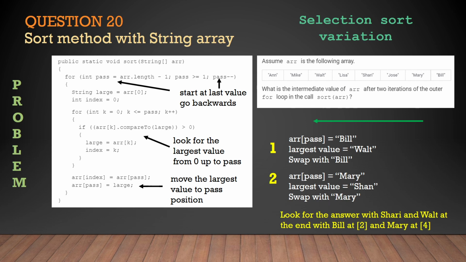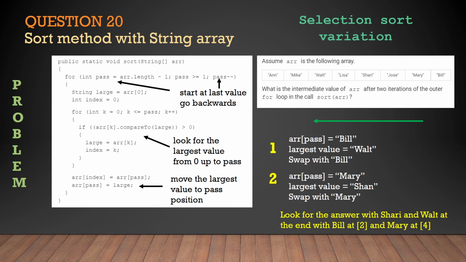Okay, so it's starting at the end. Let's take, for example, what's happening here. String large is array 0, well, large would be, in this case, N. But pass is Bill, because the pass is set to the end.